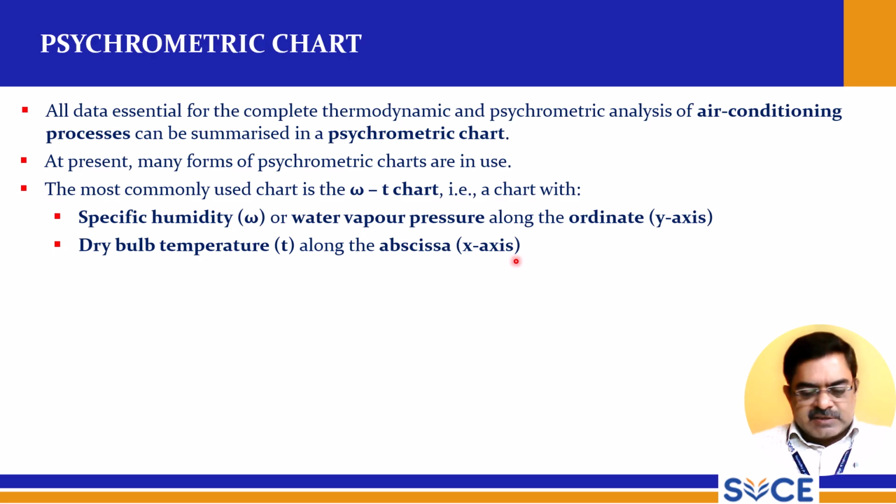So along the x-axis we have dry bulb temperature T, and along the y-axis we have water vapor pressure or specific humidity.